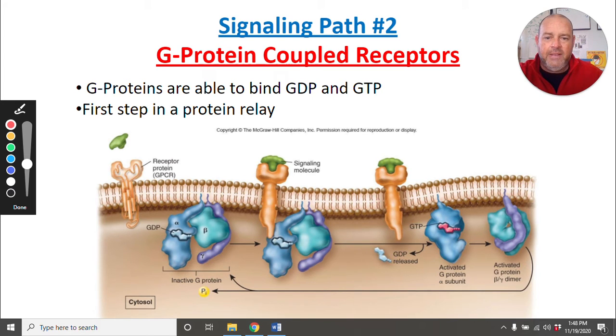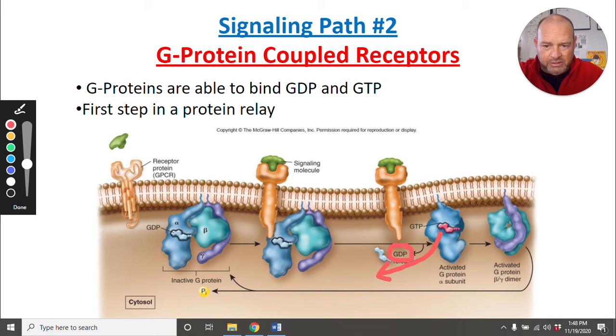to happen. So view this as like a timeline. The timeline's kind of going across this way. So it binds, this is inactive, and then now it's going to become active because this is binding to it. And so what happens is GDP, right here, GDP gets kicked out.